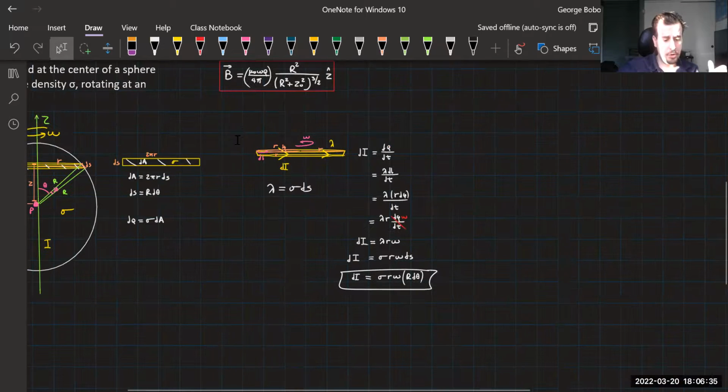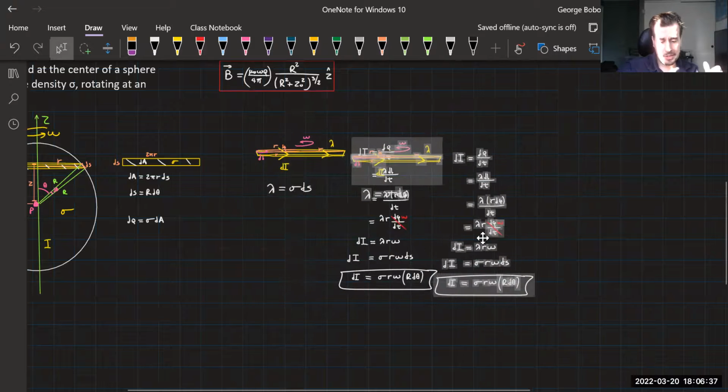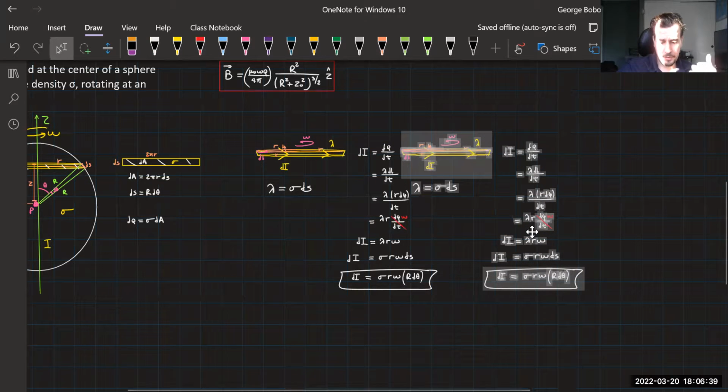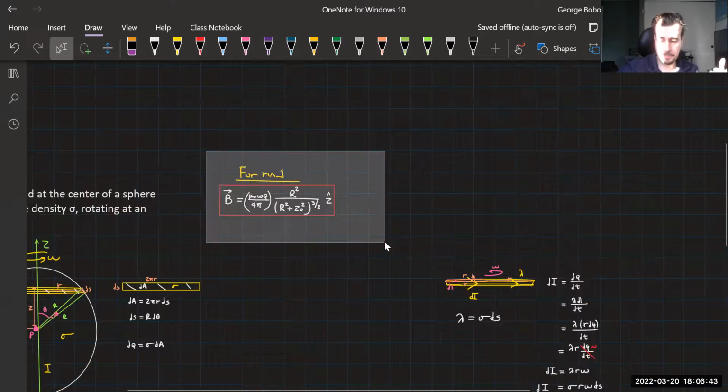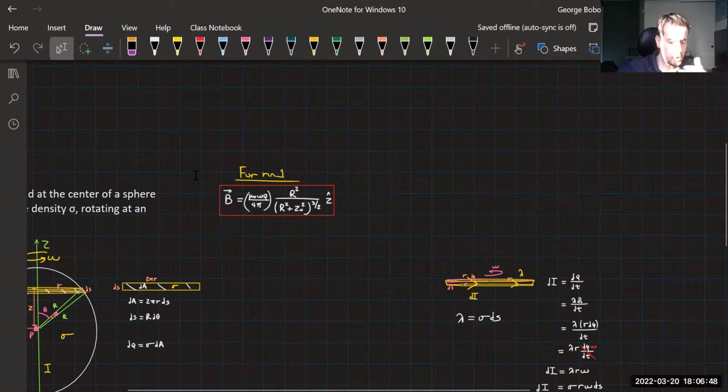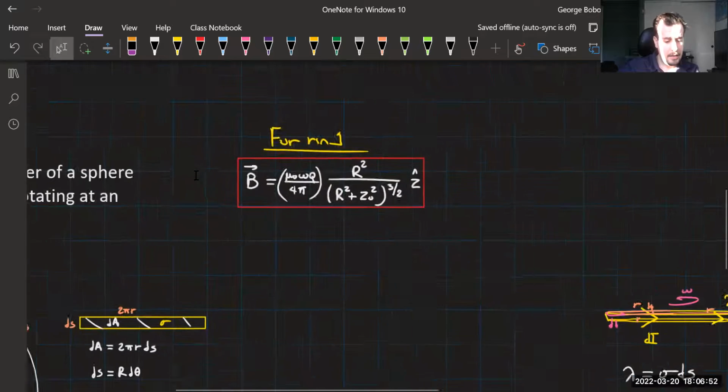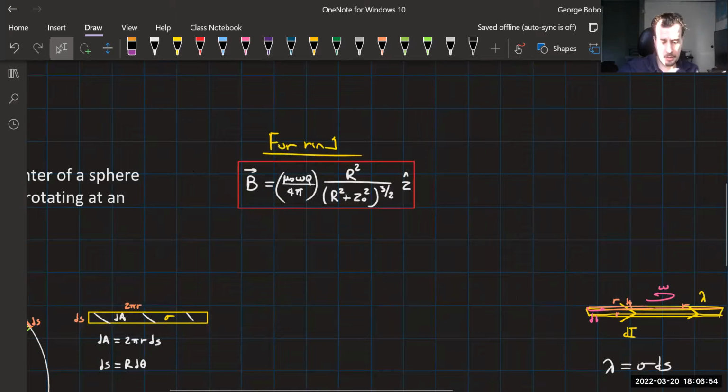So once I get the current, which is the difficult aspect here, once I get the current of the building block, all I have to do is fill in this. So once more, if I want to use what the result was for the ring, these R's and Z's change.